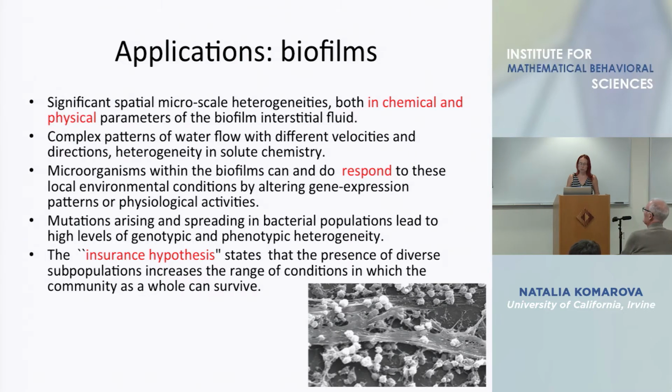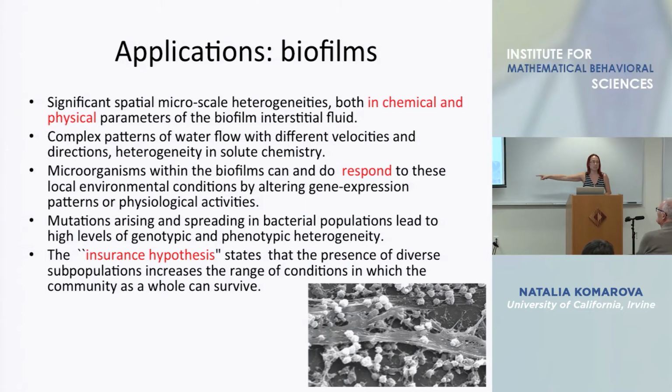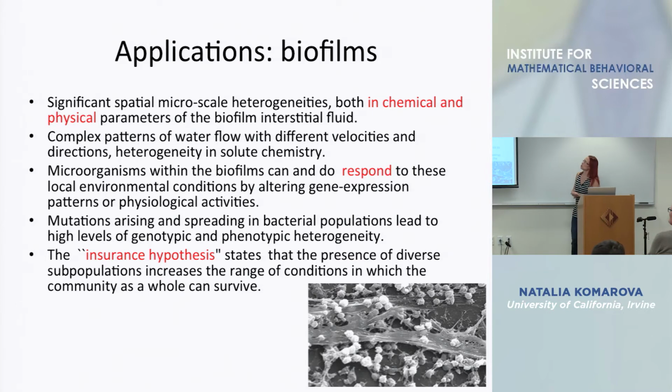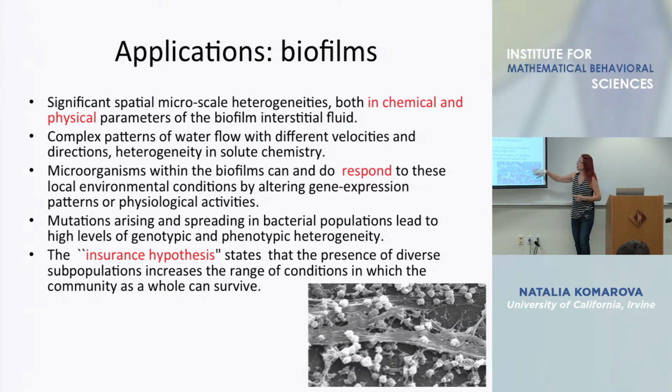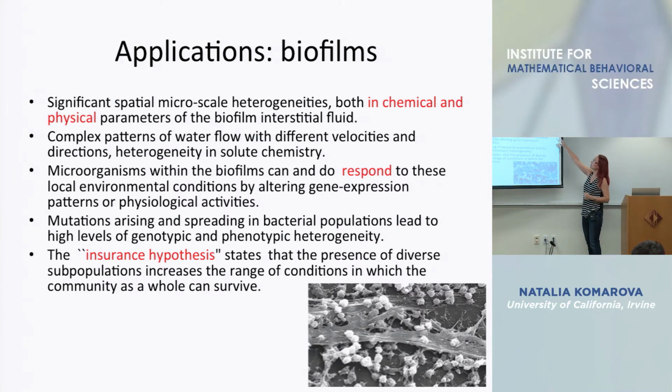biofilm. So the environment in such biofilms is random. I found a large literature just talking about how variable the environment is. There are chemical differences between different spots and physical differences. And there are different mutants, mutant bacteria that live in this environment.